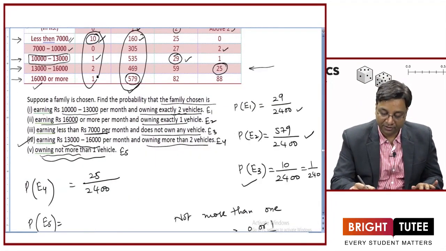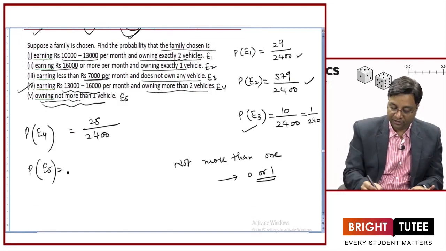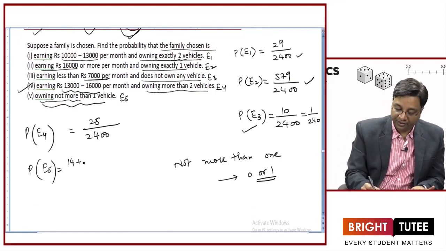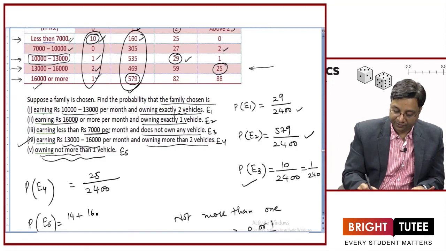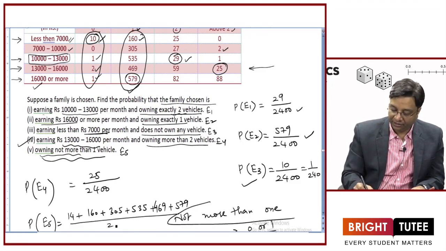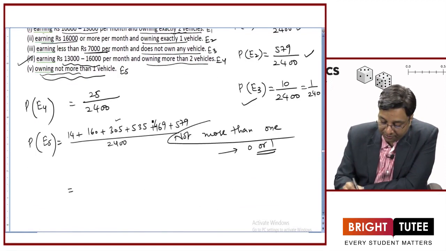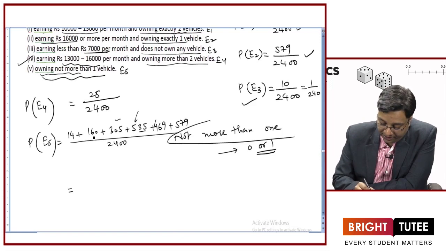10 plus 1 is 11, plus 1 is 12, plus 2 is 14, 14 plus all these. So we will write it like this: 14 plus 160, 305, 535, 469, 579, and this will be divided by 2400. Okay, so 305 plus 35 is 340, plus 500 is 840, and 60 makes 900, plus 100 is 1000.